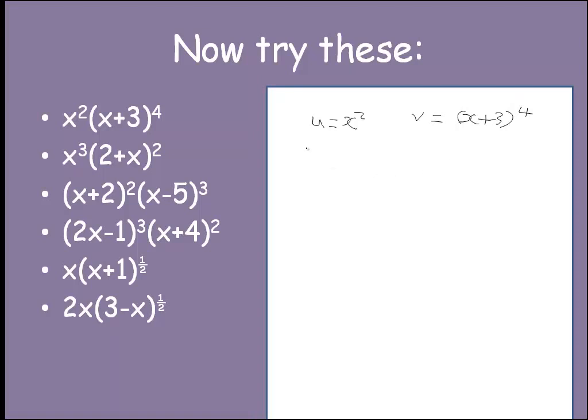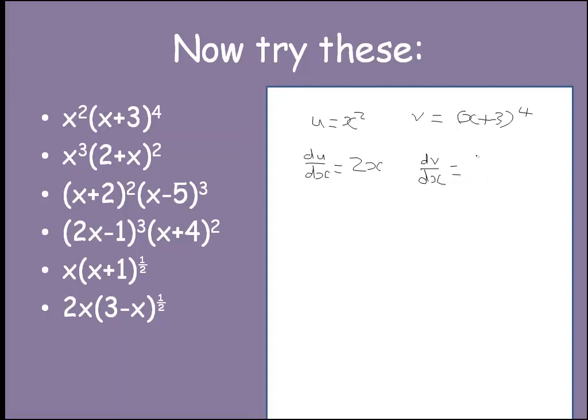Okay, so as I said before, be methodical, write out your u, write out your v, then we differentiate the u with respect to x, so x squared gives us 2x, and we differentiate the v with respect to x.